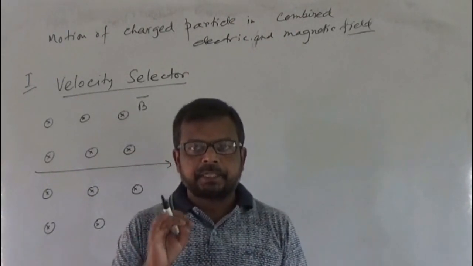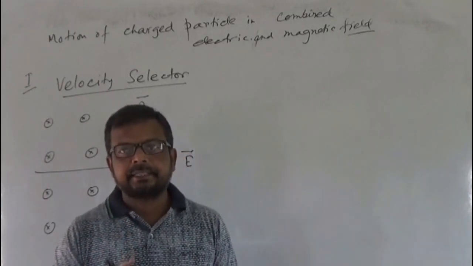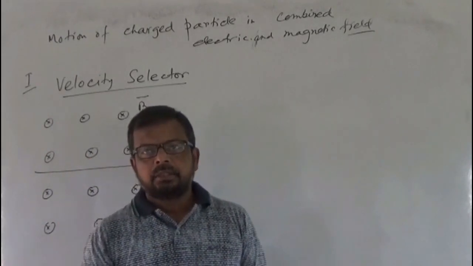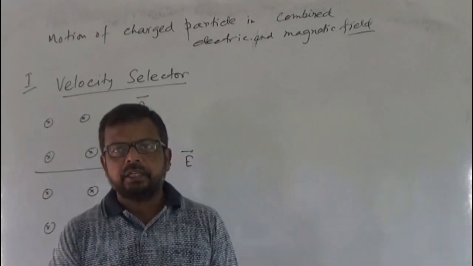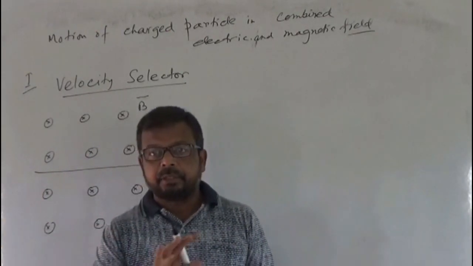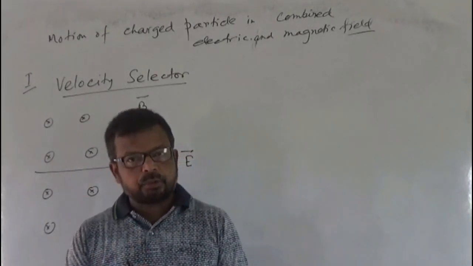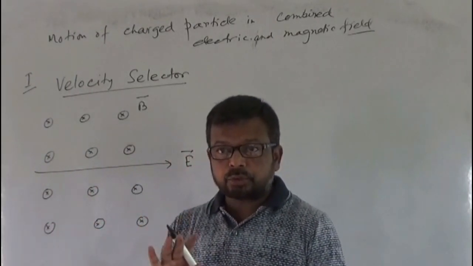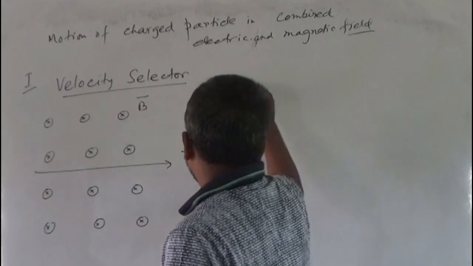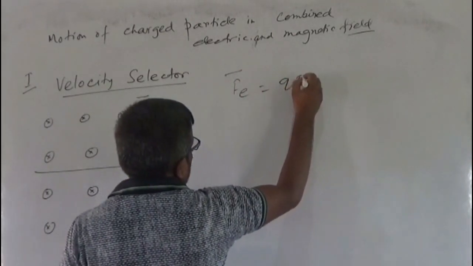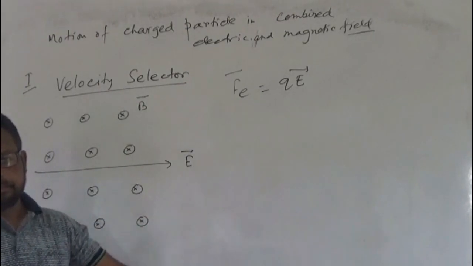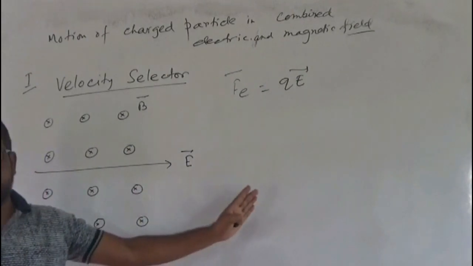Let a charged particle having charge q enter a region with velocity v, and in this region there are mutually perpendicular electric field E and magnetic field B. The force on the charged particle due to the electric field is Fe equal to qE, and it will be along the electric field, right?